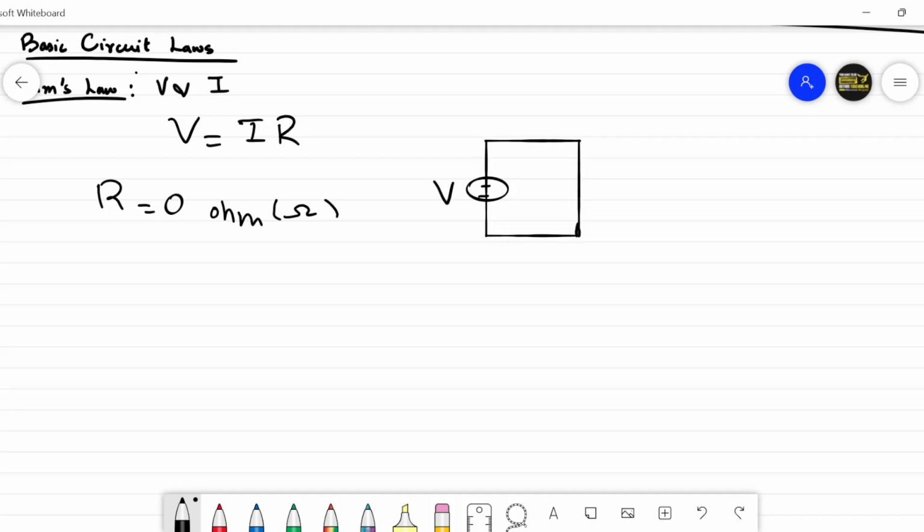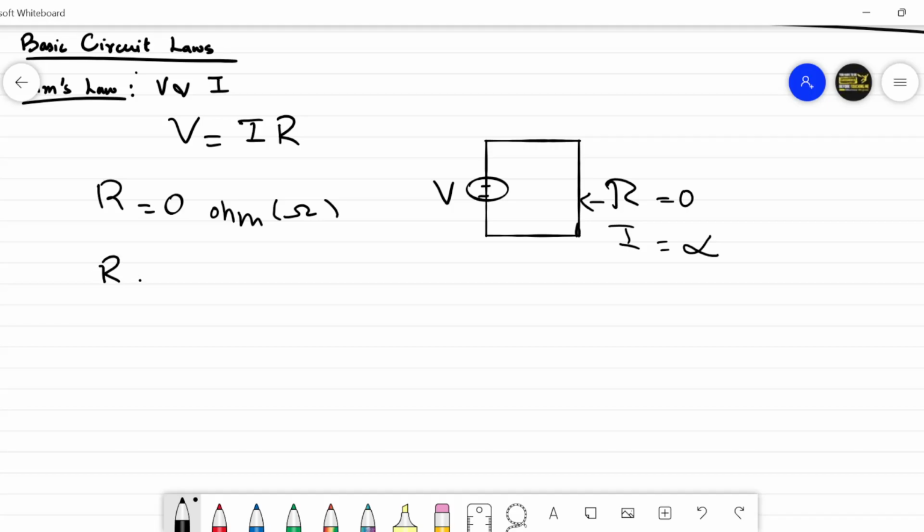If a voltage source is applied to a short circuit, the resistance is equal to 0, and current will be equal to infinity. So that circuit will burn out if we are simply shorting two ends of terminals across the voltage source. The resistance offered is 0, current will be infinite, so it will lead to a short circuit.